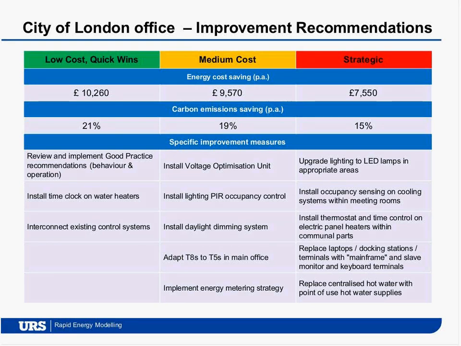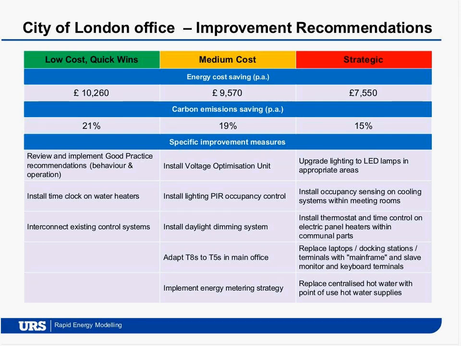That's a very boring one, and one that everyone's probably done a million times, but there are ones on there that are slightly more innovative than that. In terms of physical changes, there were two other things that we identified as low-cost quick wins. There was a control system issue, where two control systems weren't talking to each other.